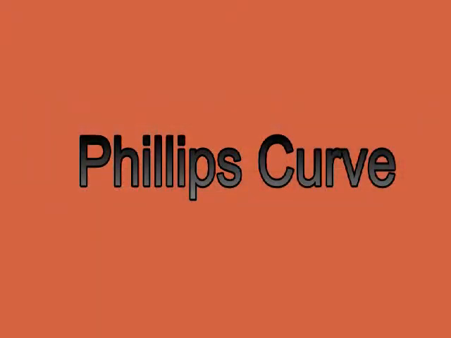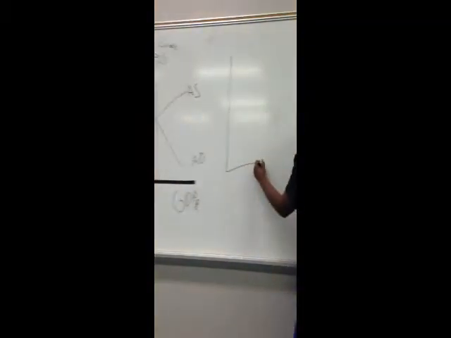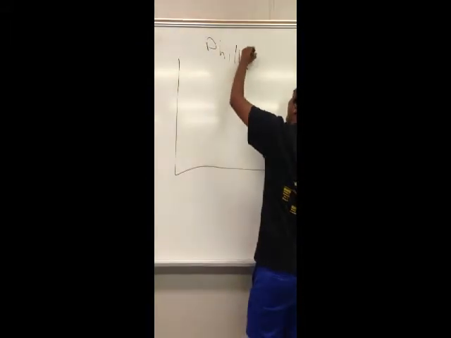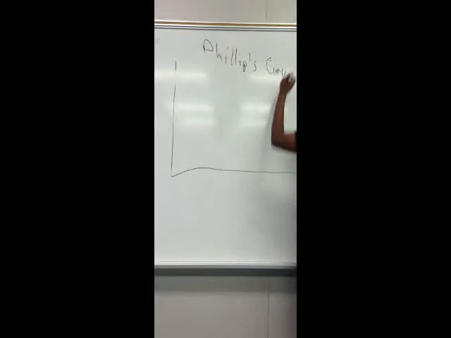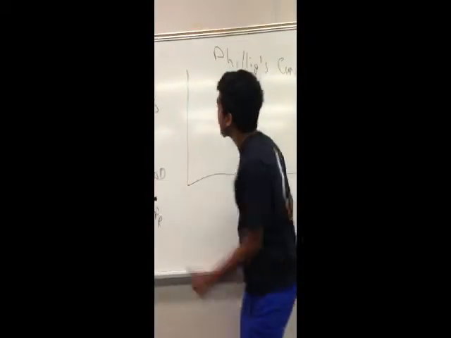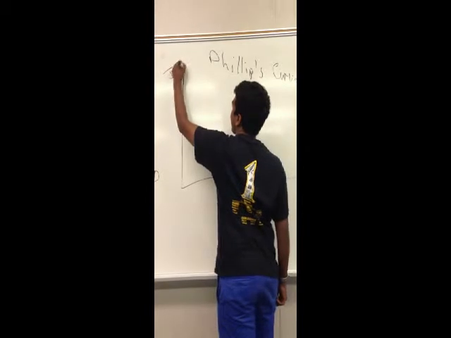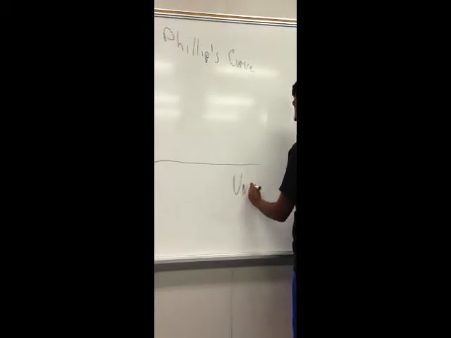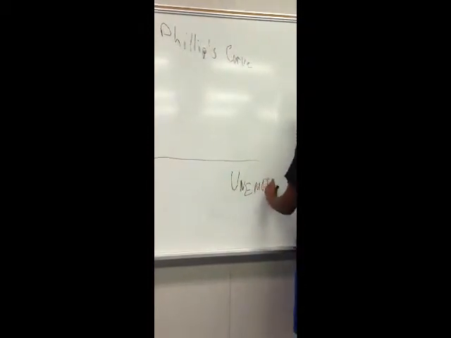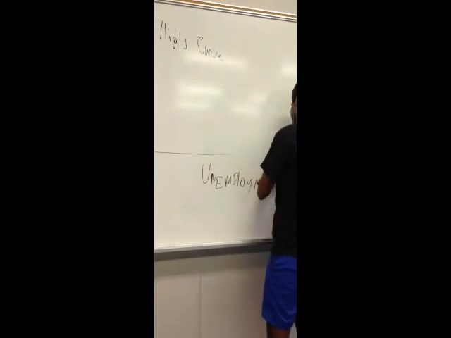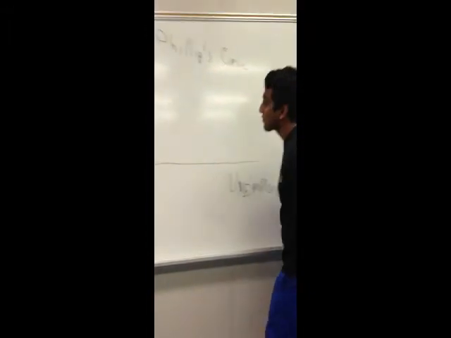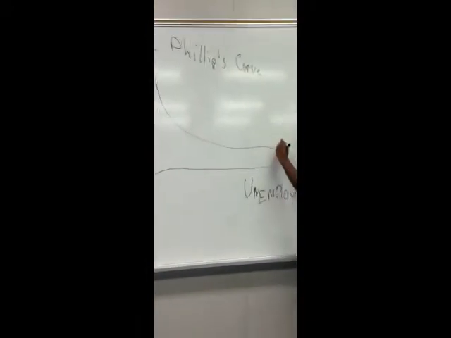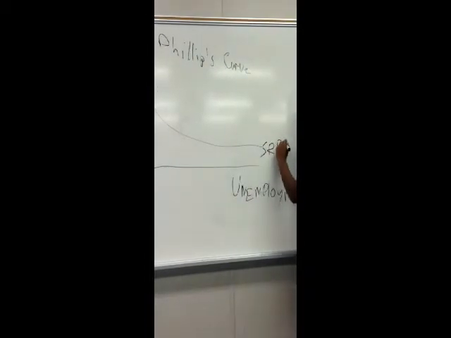Long and short run Phillips curve. So the Phillips curve is based on inflation and unemployment. And so the short run Phillips curve looks like this, and inflation and unemployment are inversely related.